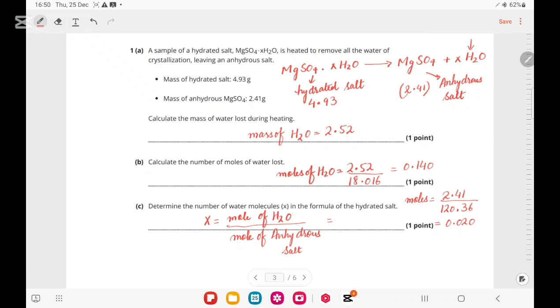So the moles of water are 0.140, and the moles of the anhydrous salt are 0.020, and the answer comes out to be 7. So 7 water molecules are present. So it is going to be magnesium sulfate dot 7H2O.